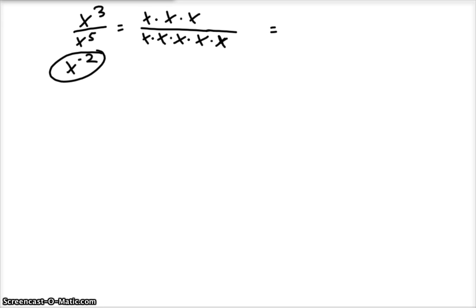And here is how. I've taken our problem, x cubed over x to the 5th power, and I've written out all the x's just to make it plain. Just like we know that we can cancel things out that are the same with division, we can cancel those, and those. So now that leaves us with just 2 x's on the bottom.